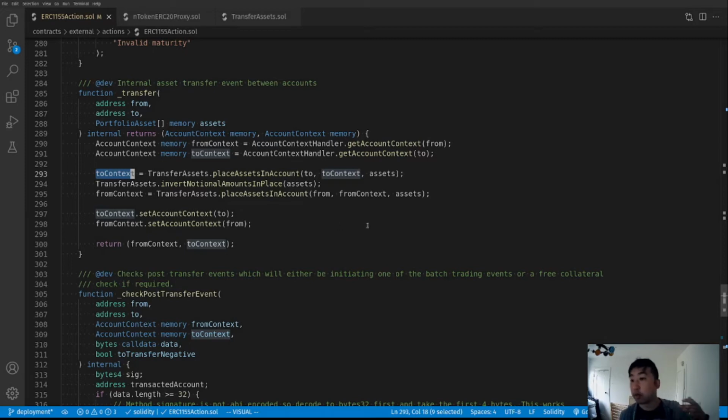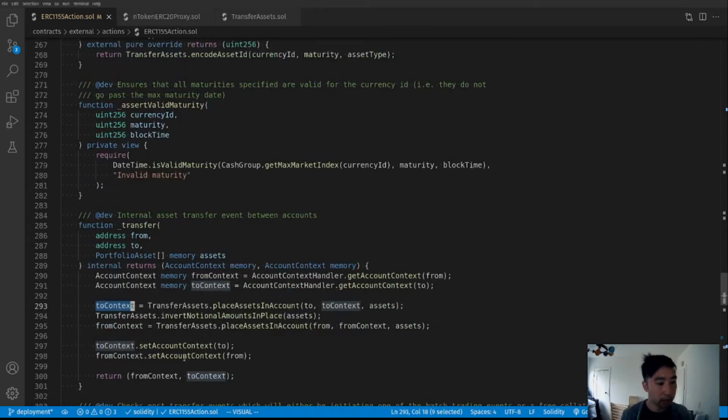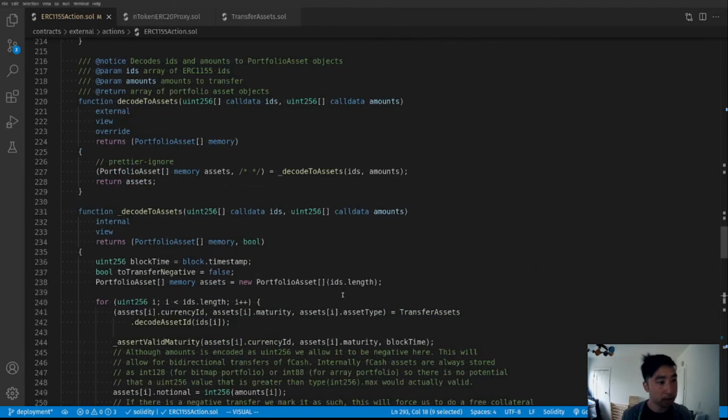The market maker receives negative Fcash, and the to account can also transfer back to the market maker some amount of cash. And so this is the crux of an OTC trade. These two parties are going to agree to exchange cash for Fcash, and they'll likely do that at an exchange rate and interest rate ratio that reflects what they could do on chain. So this is a really nifty little method.